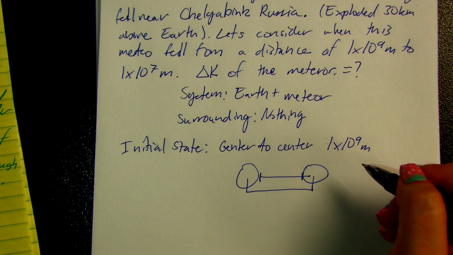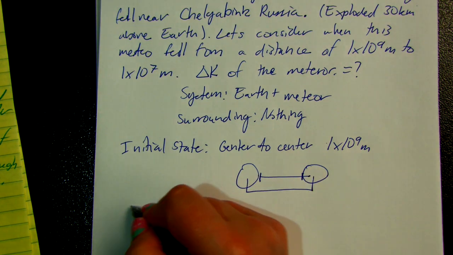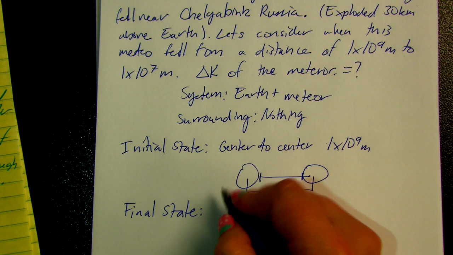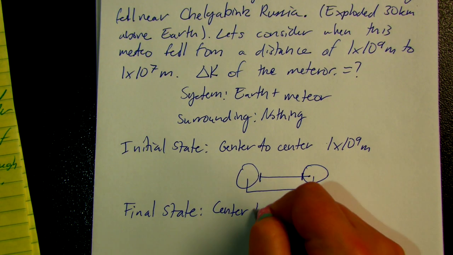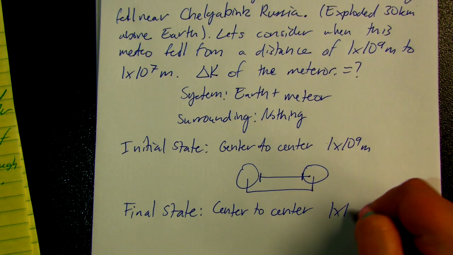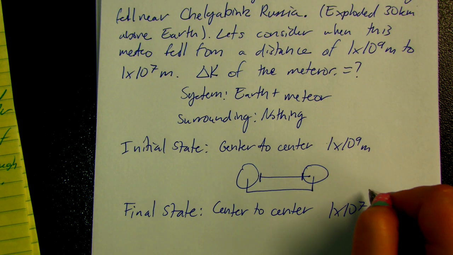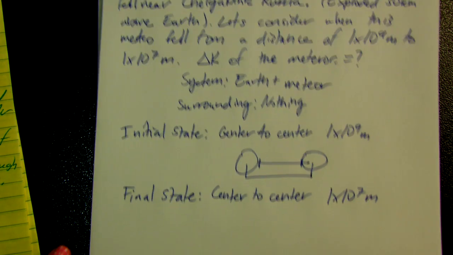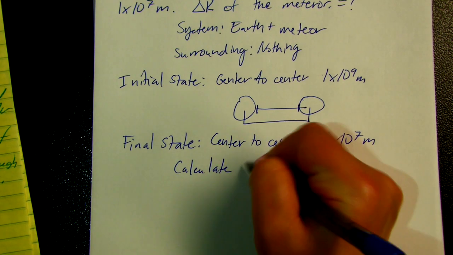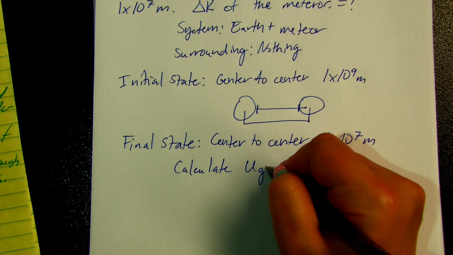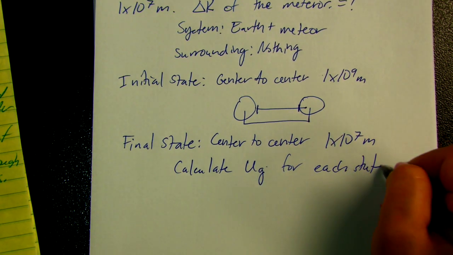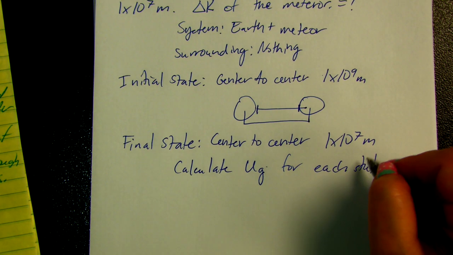And then for the final state, we have a center to center distance of 1 times 10 to the 7 meters. We're going to calculate the gravitational potential energy for each state, and then use that to go after delta K.